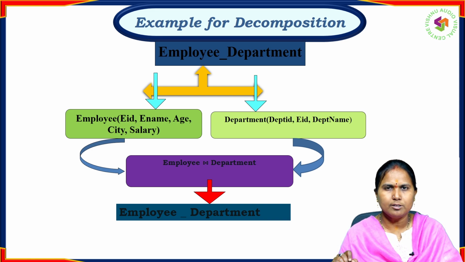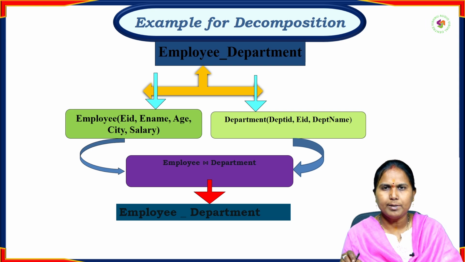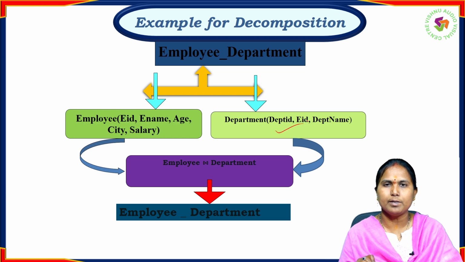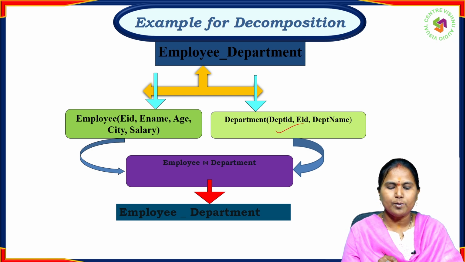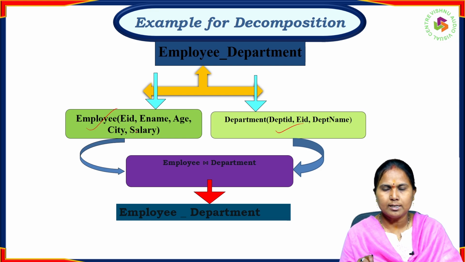So in that situation, we have to divide our original employee department database into two sub databases. The first one is employee, the second one is department. If you want to incorporate department details, we can directly go to the department. If you want to insert a new employee in the organization, we can directly go to the employee database. Suppose these two decomposed relations are lossless or not. Yes. Employee and department we can join.